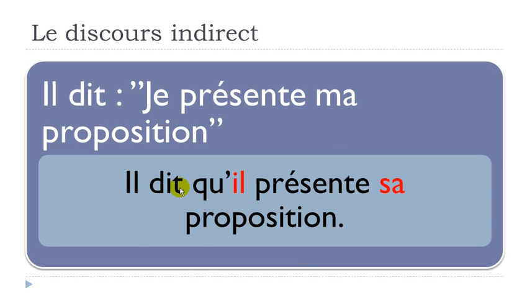So, il dit qu'il, okay, exactly the same thing that we saw previously, présente, and then you will have to adapt this adjectif possessif, so it won't be the first one, ma, my, but it will be sa, third person of the singular. Remember that in French we put this feminine form sa just because the word it is connected to, proposition, is feminine. All right, okay, so il dit qu'il présente sa proposition.